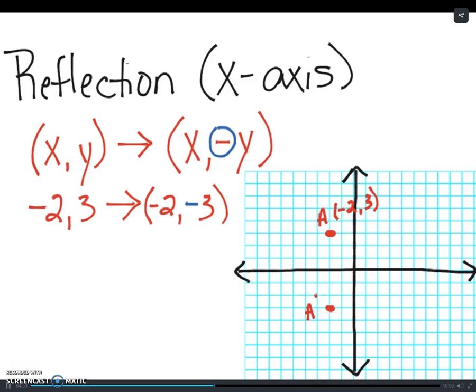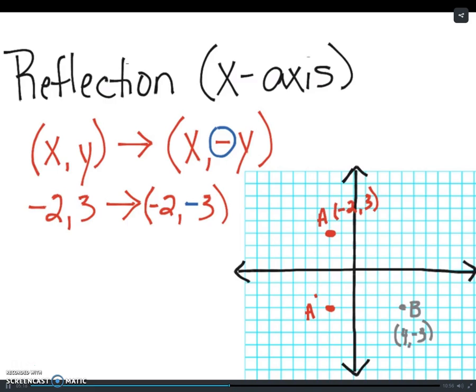Okay. So let's try another one. Let's do this coordinate here, and we'll call this B. And so the coordinates for B are 1, 2, 3, 4, and down 1, 2, 3.